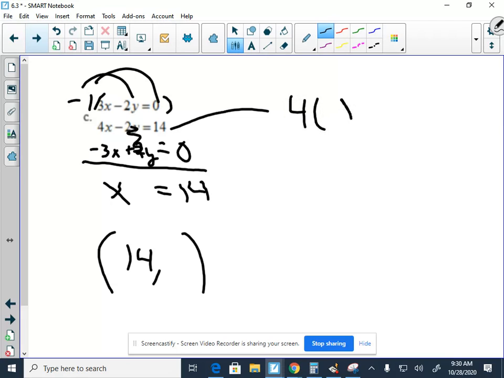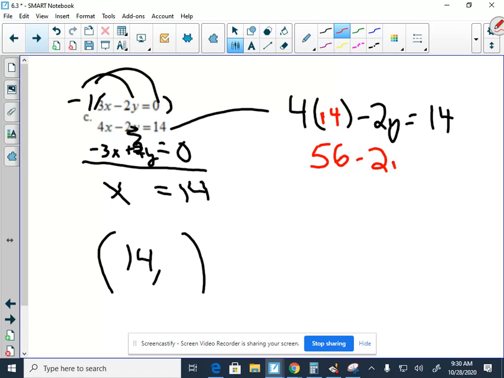4 times x, subtract 2y, equals 14. I'm going to put 14 in because x is 14. So you may need your calculator for this. 4 times 14 is 56. I subtract 56 from each side.